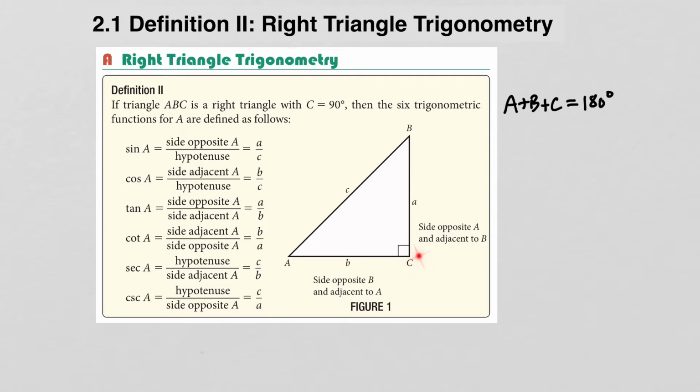Because angle C is 90 degrees, angle A and B have to add up to be the other 90 degrees. So anytime you have a right triangle, the two acute angles are always complementary. In other words, they add up to 90 degrees.